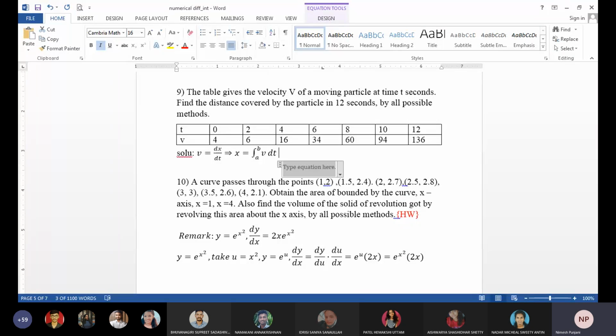So v is dx by dt, so x is integration a to b v dt. We use the rule that integration is the inverse of differentiation. So we have to use this formula.